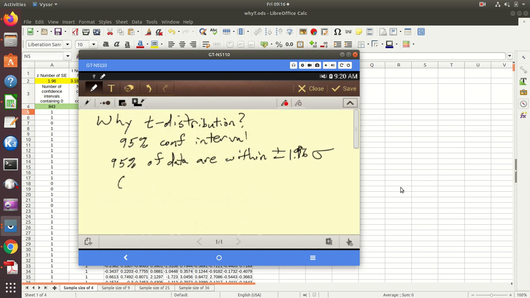We said, okay, we're going to take our p hat minus 1.96 times the standard error, up to p hat plus 1.96 times the standard error.